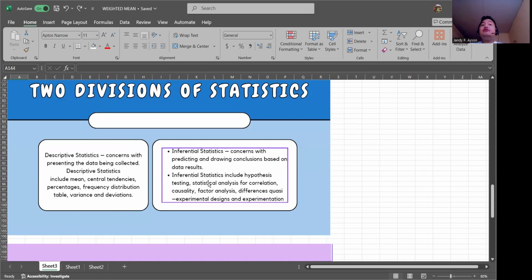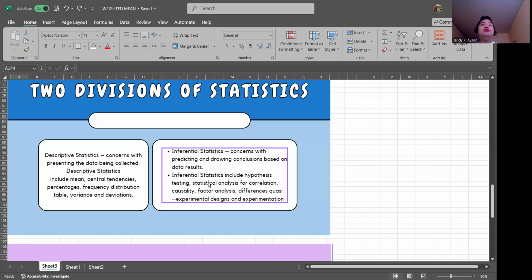So examples of this are computing or calculating the weighted mean, central tendencies, percentages, frequency distribution, table variance, and deviations. Like yung bilang, if you're going to analyze the examples of descriptive statistics, it focuses on the number of the results that you were able to gather from your chosen respondents.